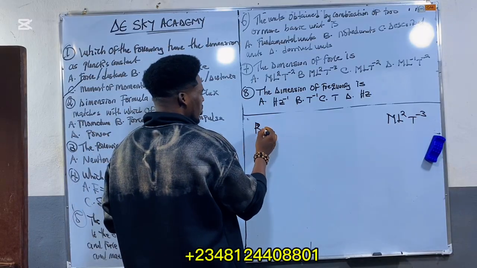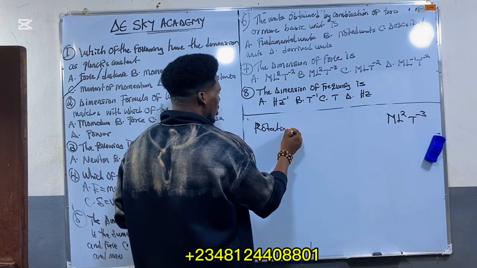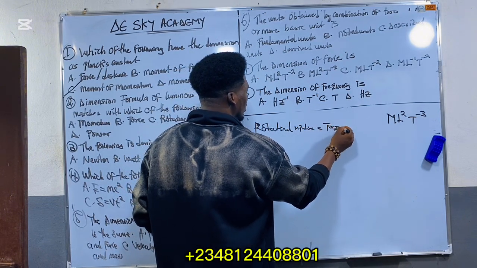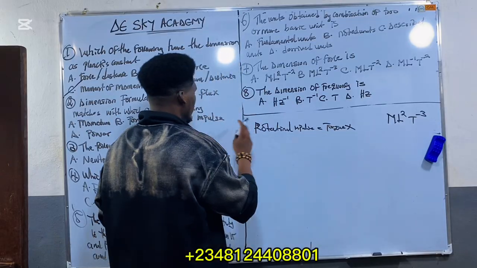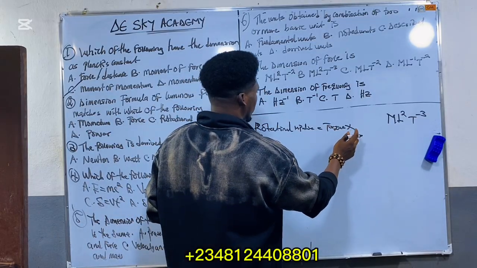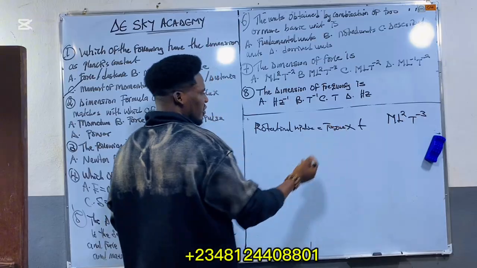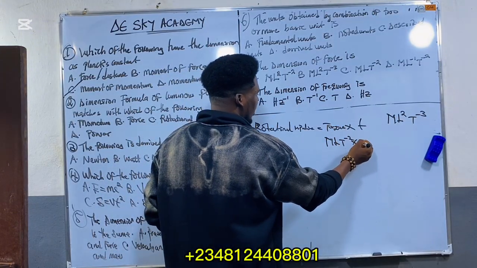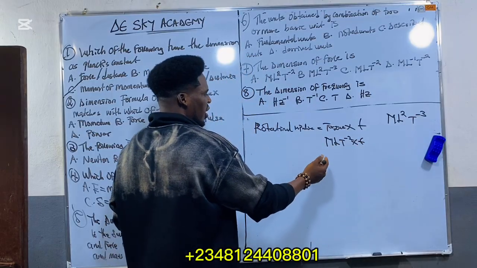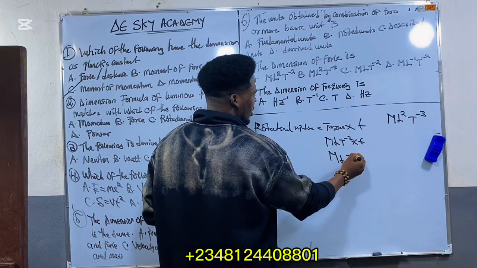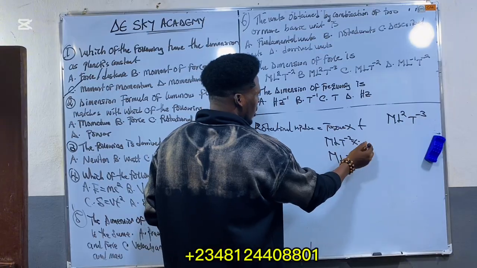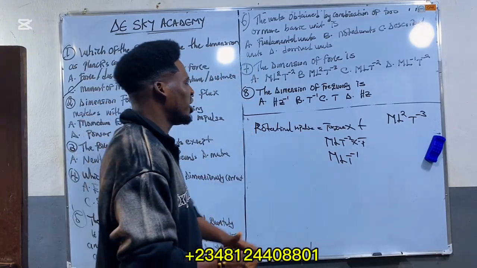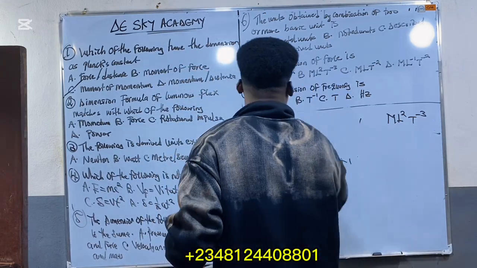So rotational impulse is torque times time, which is force times time. Force is MLT^-2 times time, which is T, so I'll have MLT^-1. Is it matching with this? No. It cannot be the answer.